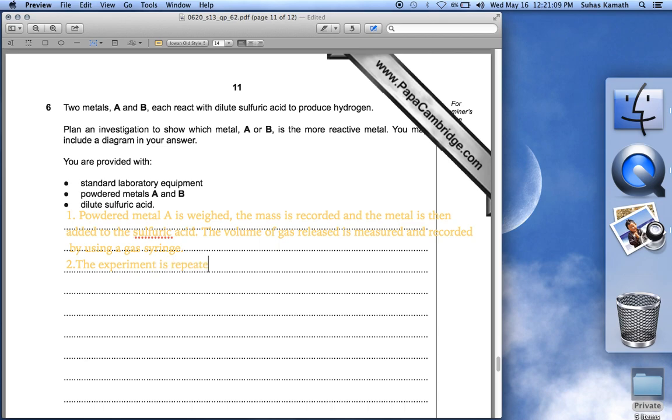The experiment is repeated by using powdered metal A of the same mass. So the mass is recorded to the sulfuric acid. Sorry, I missed some words out here. Sulfuric acid of known volume and concentration.